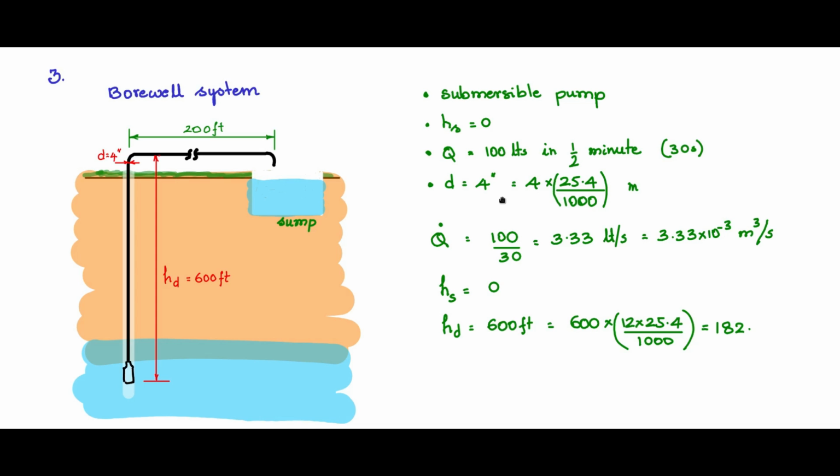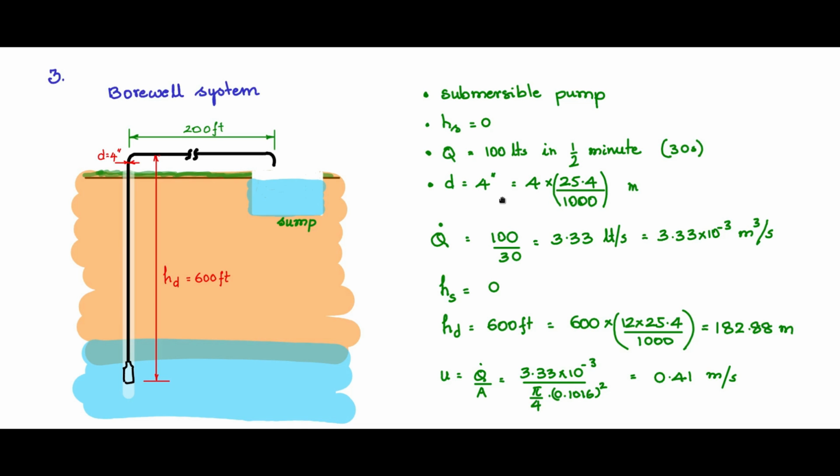So this works out to be 182.88 meters. So now the fluid velocity or the water velocity in the pipe is Q dot by A. So this 3.33 into 10 to the power of minus 3 meter cube per second by pi by 4 d square. So this is around 0.41 meter per second.